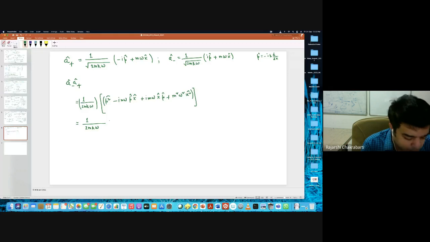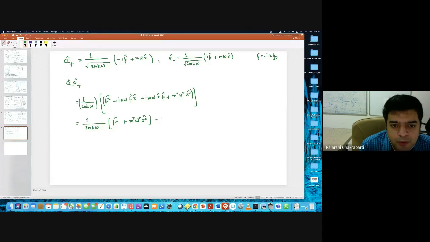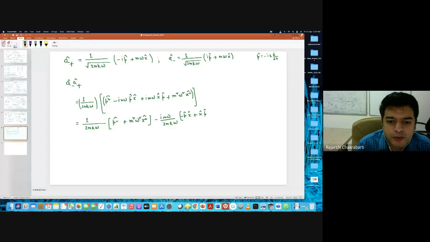If I modify this, I'm going to get something like this: p squared plus m squared omega squared x squared, minus, taking common, i m omega divided by twice m h cross omega, and then here I have px plus xp.